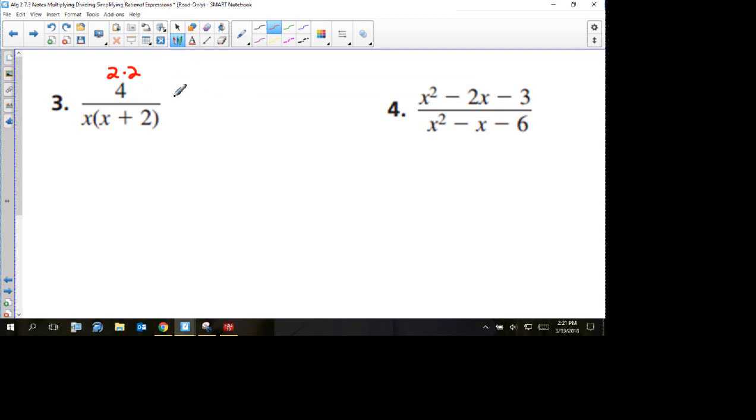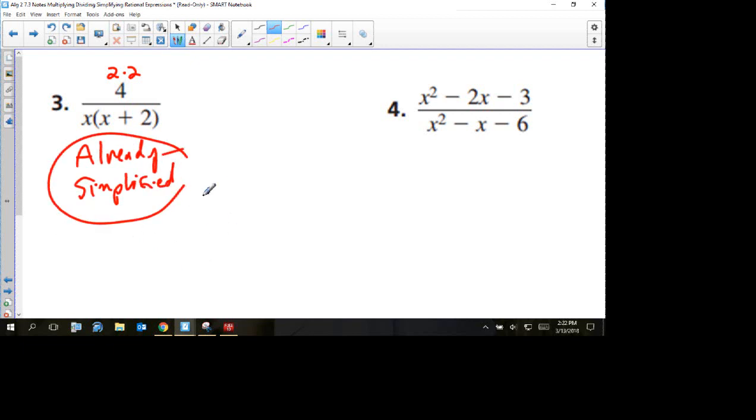Can I cancel out those 2's? You can only cancel out things that factor out. And since nothing factors out, nothing can be canceled. This is already simplified. Done? Yeah, right. Number 4.